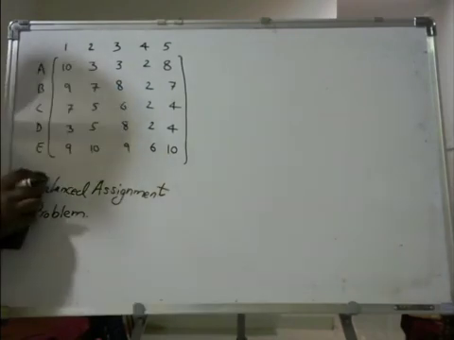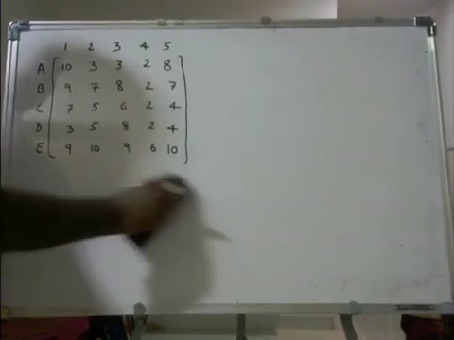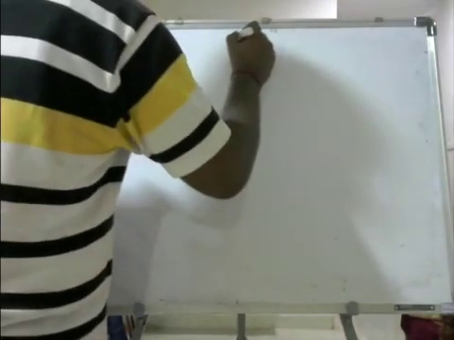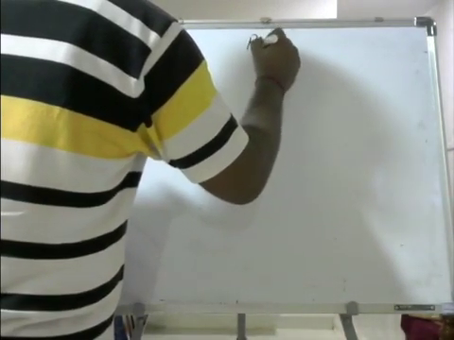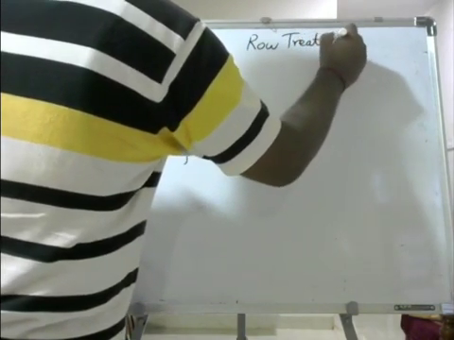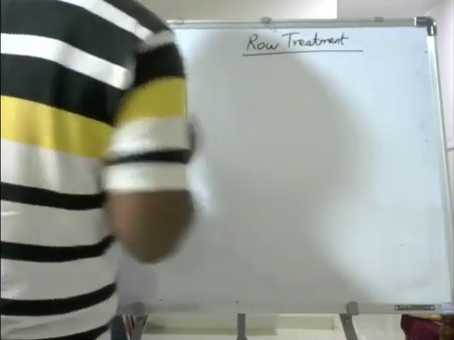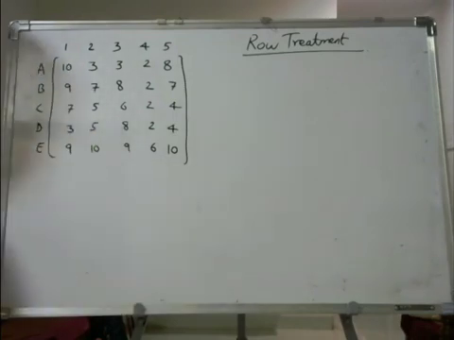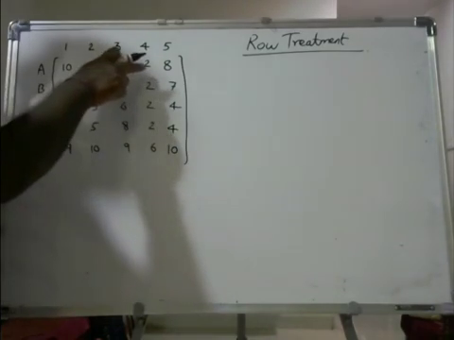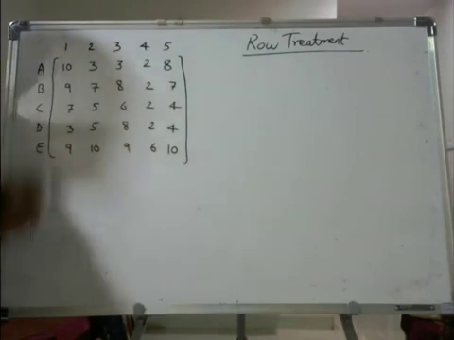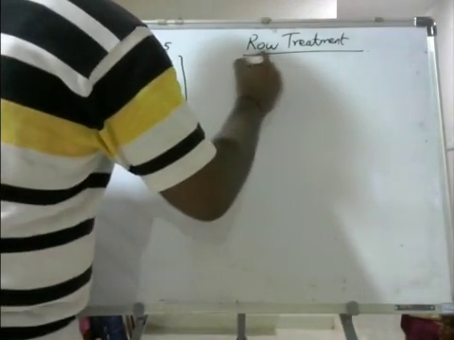Now the second step is to do the row treatment. What do you mean by row treatment? In the row treatment, we take each one of the rows, take the least number in each row, and subtract it from all the elements in that row.